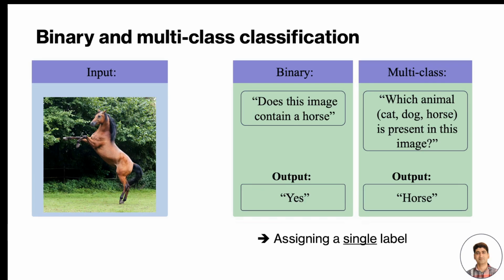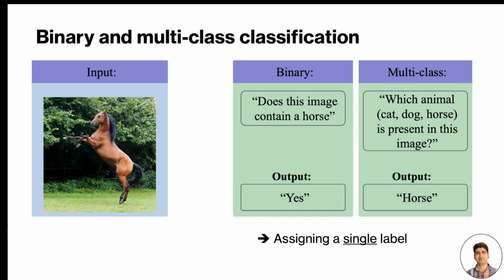Given this example image of a horse, for binary classification, the question would be, does this image contain a horse or not? And the output would be yes. Whereas in multi-class, the question would be which animal out of these 3 different options, cat, dog, or horse, is present in this image, and we can choose only one of them.